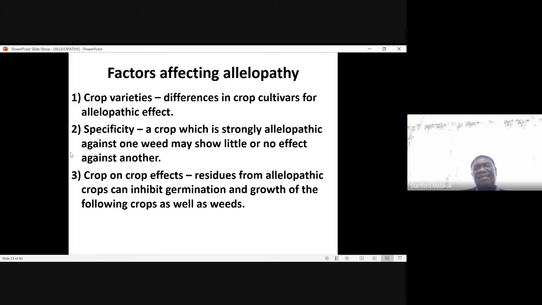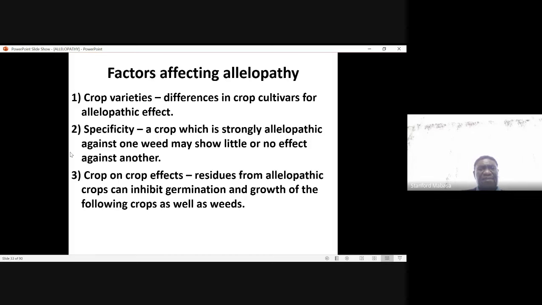You may find that some allelochemicals may kill some weeds while others may actually survive. So they don't equally affect all of the plants. Some survive, some will not survive. So there is specificity.